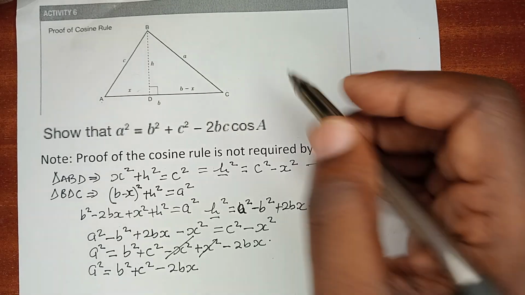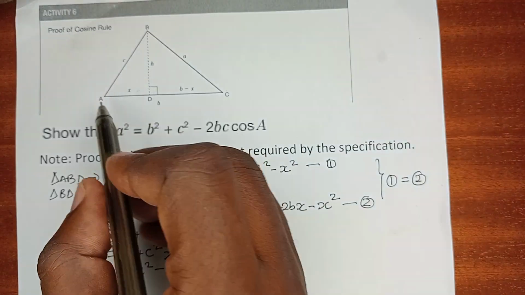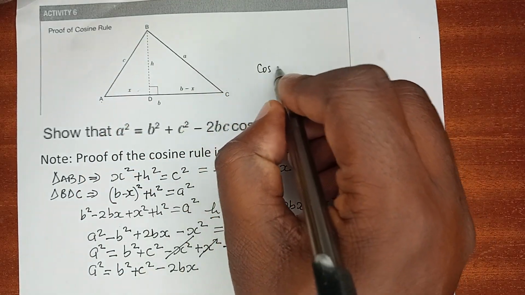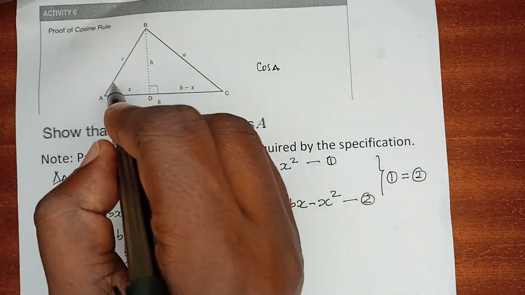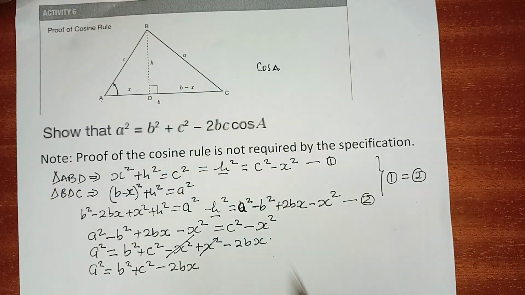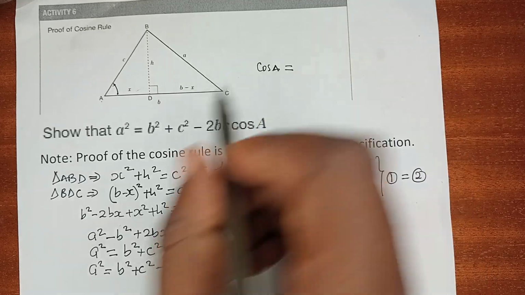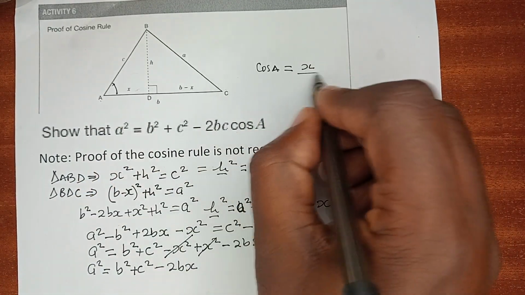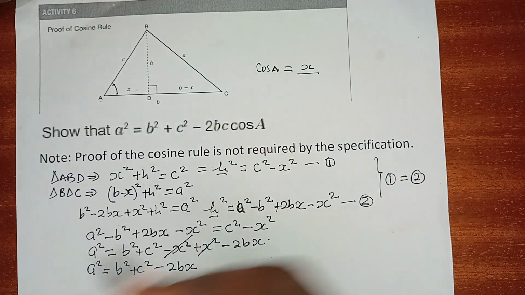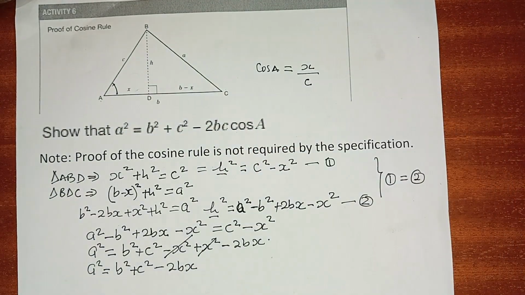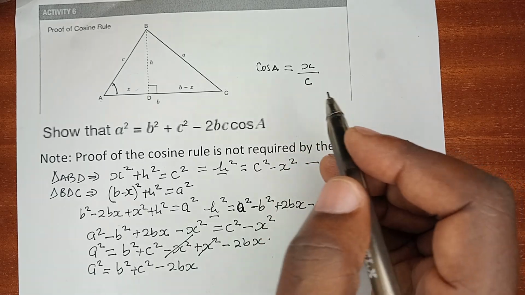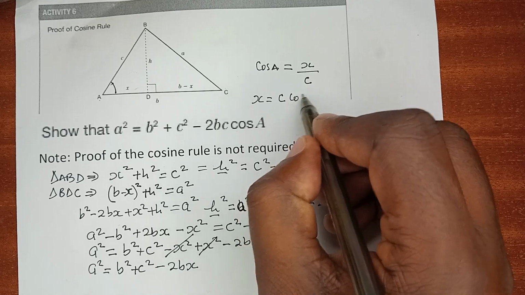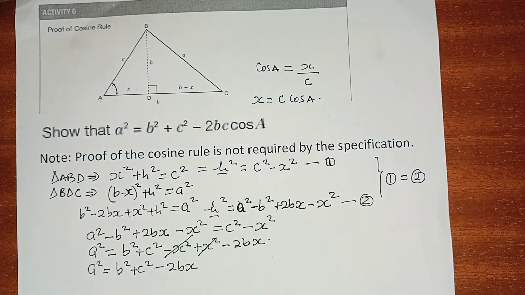While we are here, we can talk about the triangle ABD and say the cosine of angle A, using SOHCAHTOA, is given by the adjacent, which is x, over the hypotenuse, which happens to be c. So making x the subject of the formula, we have x is equal to c cosine A.